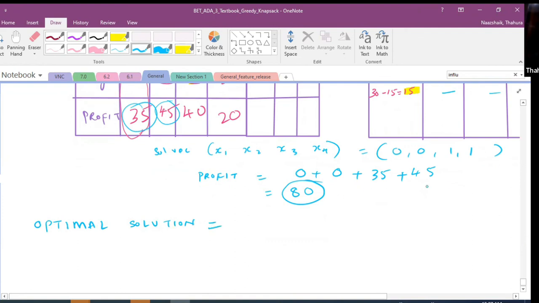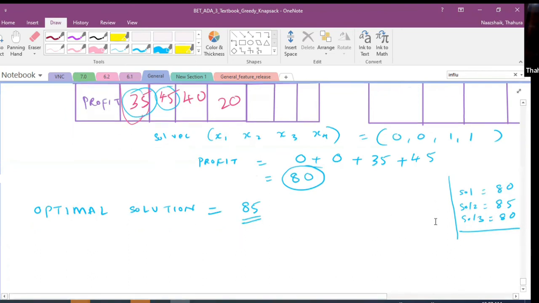You just have to look at them. You can make a note. Solution 3 was 80. I think solution 2 was 85, no? Solution 1 was also 80, correct? Right, so your optimal solution is 85. Okay, clear?